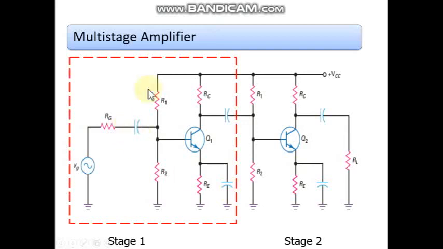Here the equivalent circuit will be the voltage source, RG, and Z in stage. Then on the output side it will be the current source, that is IC and RC, and then it is connected to the input side, that is the base of the second stage amplifier. So here we have Z in stage, and then output current IC, resistor RC, and resistor RL.